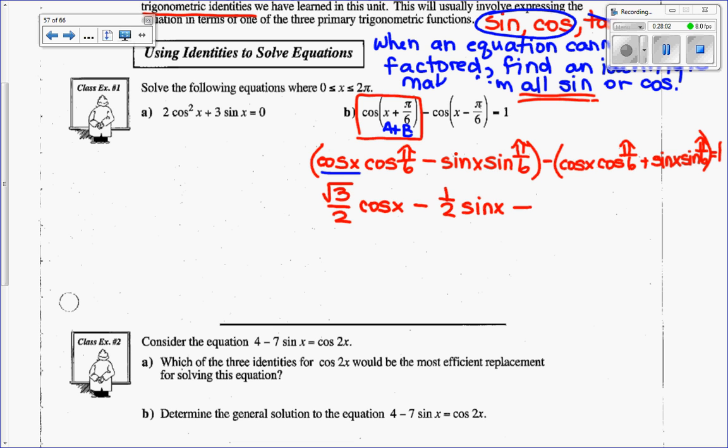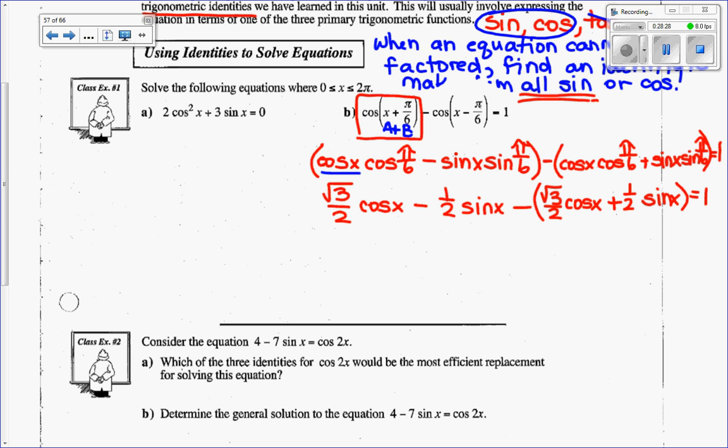And then we're subtracting cos pi over 6, which is root 3 over 2, times cos x, plus sine pi over 6, a half, times sine x.